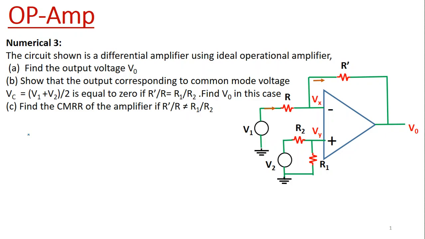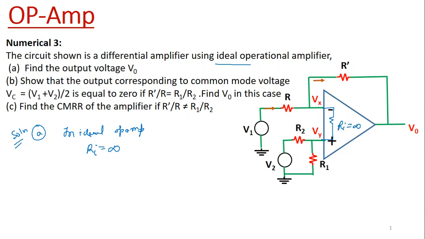So first we have to solve the A part. It is already given in the question that it is an ideal operational amplifier. In an ideal operational amplifier, we know that the input resistance is infinite, and this input resistance exists between the inverting and non-inverting terminal of the operational amplifier.